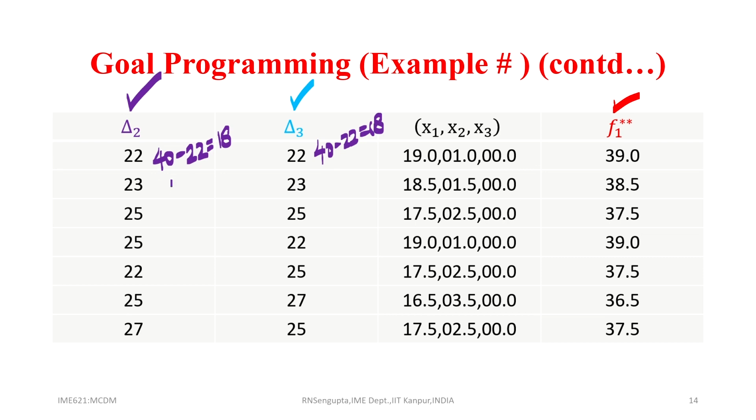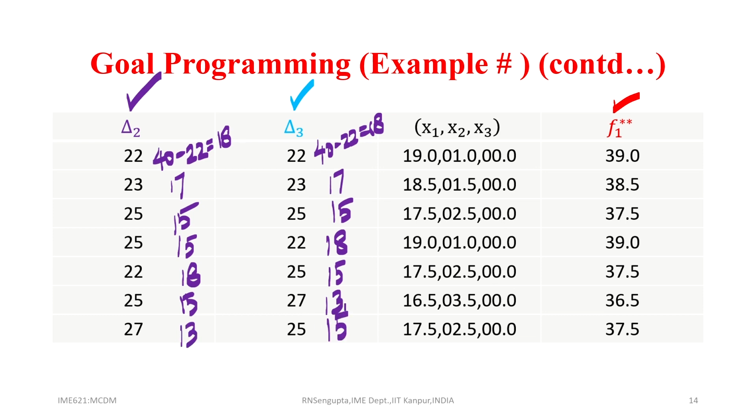Similarly, 23 would give me 17, this is 17, this is 15, this is 15, this is 15, this is 18, this is 18. If you look at the first and second column as I am proceeding, this is equal to 15, this is 15, this is equal to 13, 13 and 15. So, based on that I will solve.